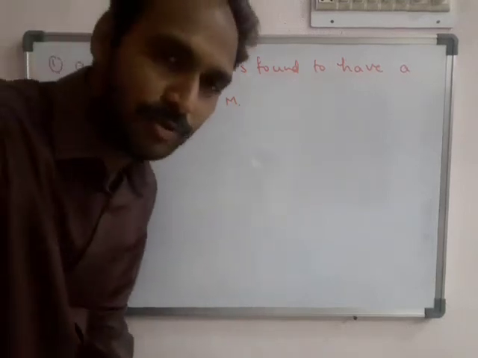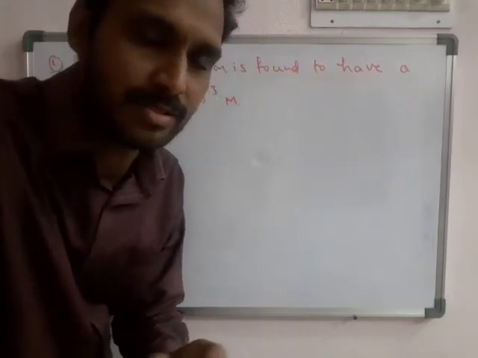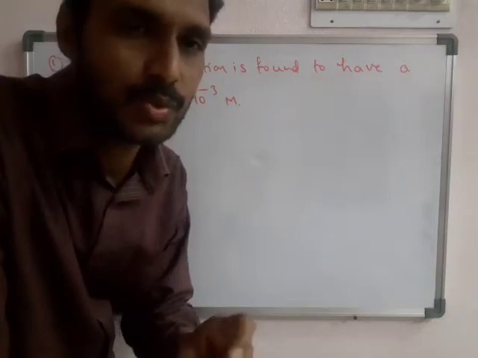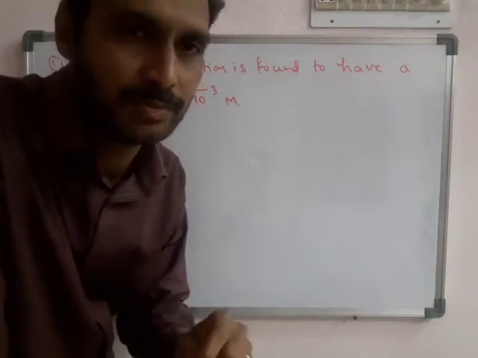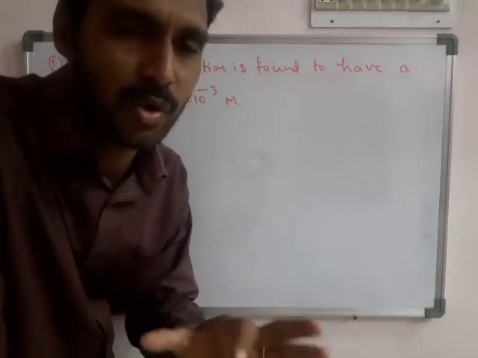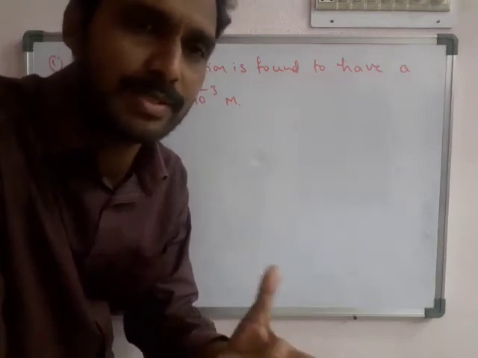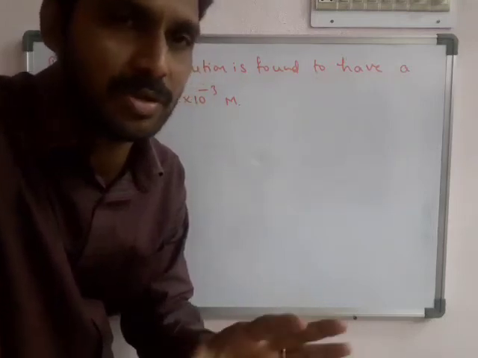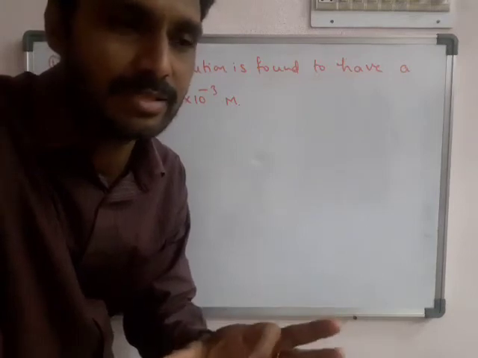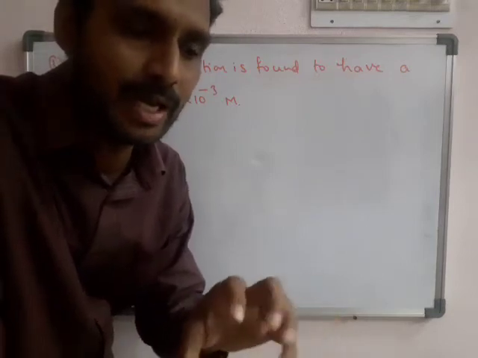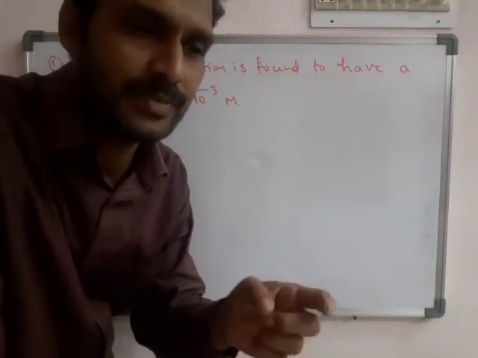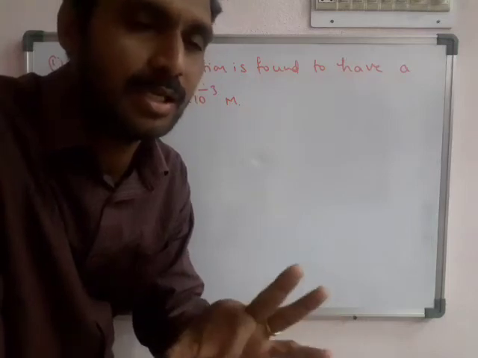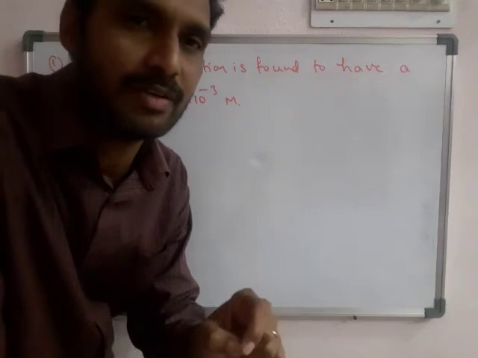Because we know for weak bases or for weak acids, in the calculation of pH, we also consider the degree of dissociation. Means in the calculation for strong acids, H plus ions means nothing but acid concentration, OH minus concentration means nothing but base concentration, we take directly. But for weak acids we have to consider Ka. That is, for weak acids the given concentration changes with the Ka value, and H plus concentration is somewhat changed compared to the concentration of the given weak acid.